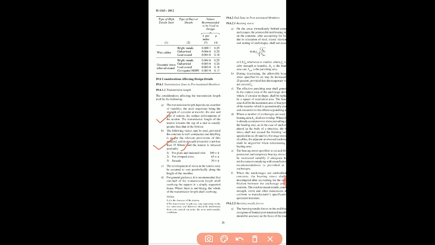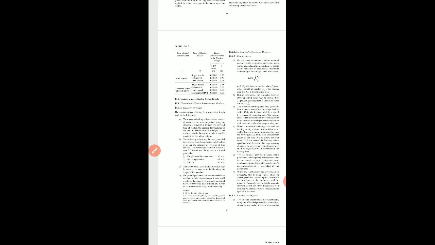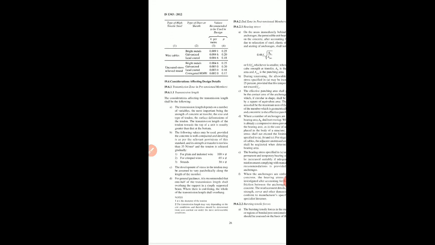For plain and indented wire, it is 100 times phi, where phi is the diameter of the tendon. For crimped wires it is 65 phi, and for strands it is 30 phi, where phi is the diameter of the tendon.